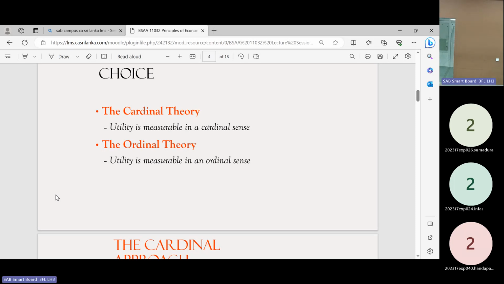In some instances, we can quantify, right? Some variables that you have mentioned to me can be quantified in terms of satisfaction.